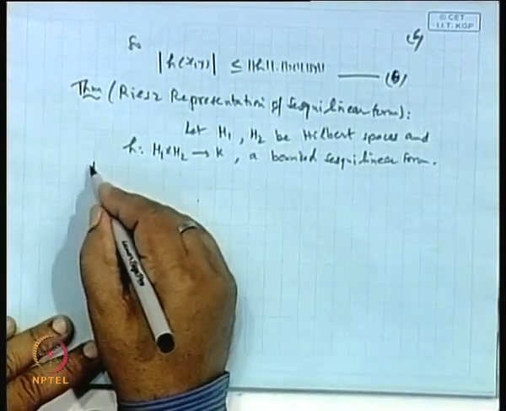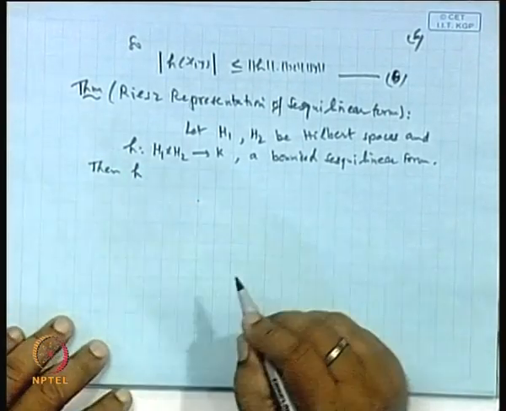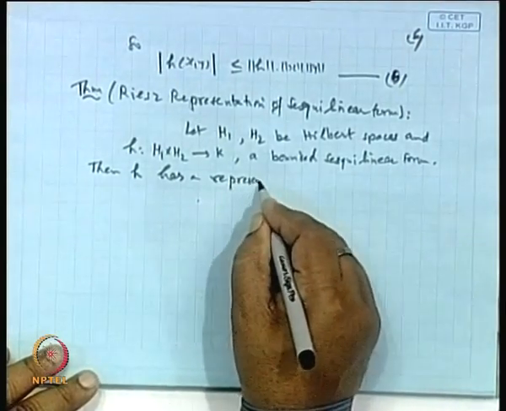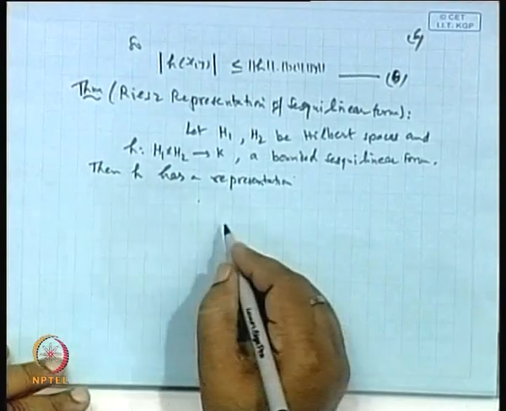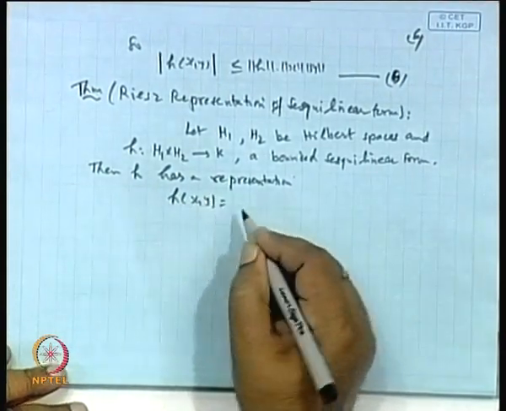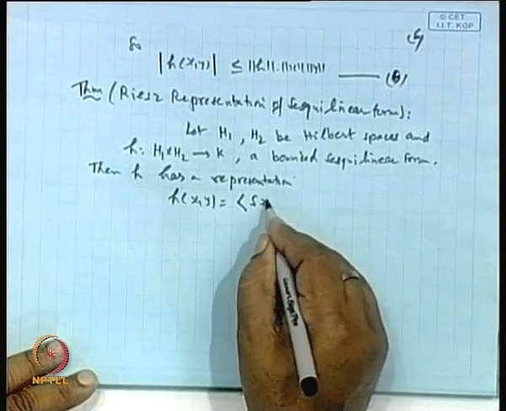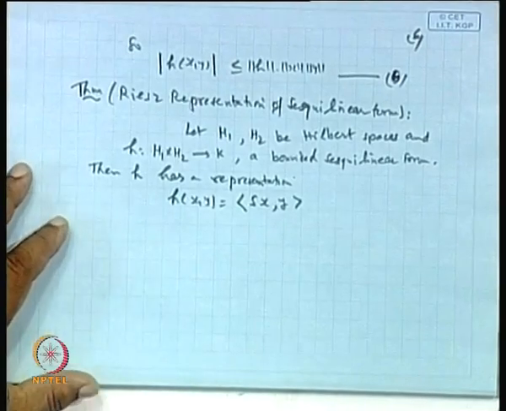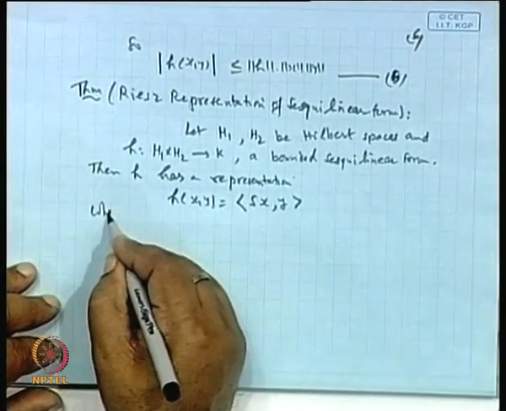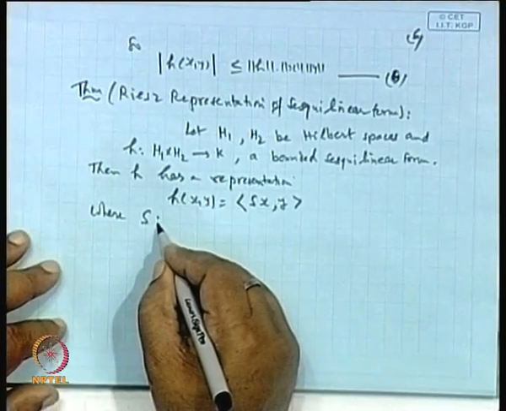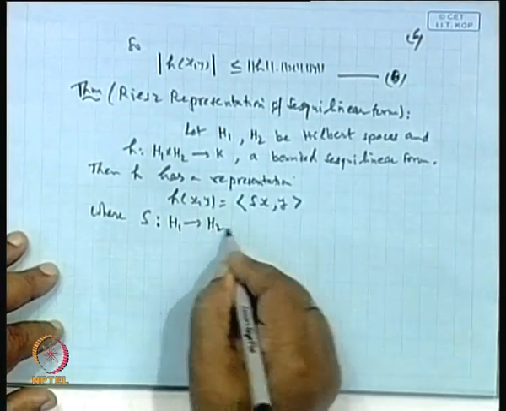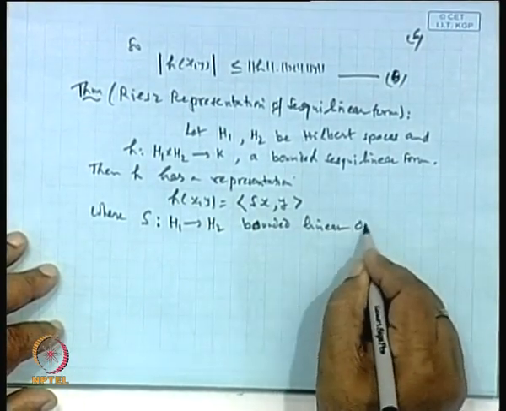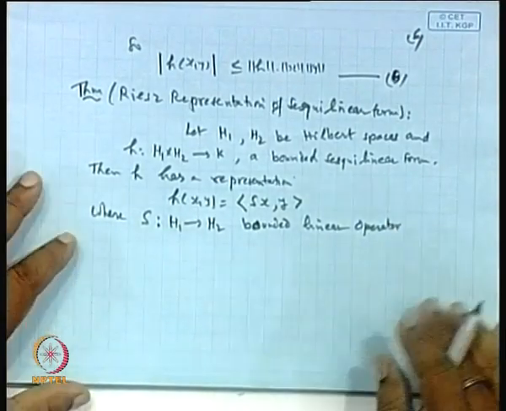Then what this result says is, H has a representation H of x comma y in the form of the inner product S x comma y, where S is a bounded linear operator from H1 to H2.